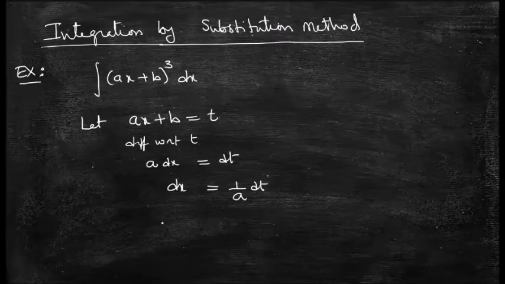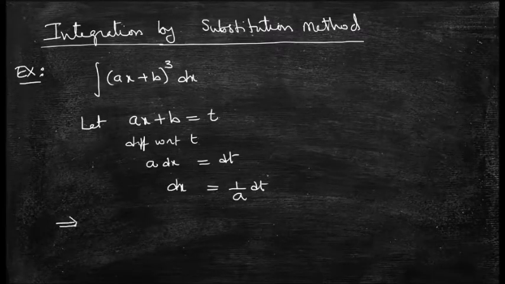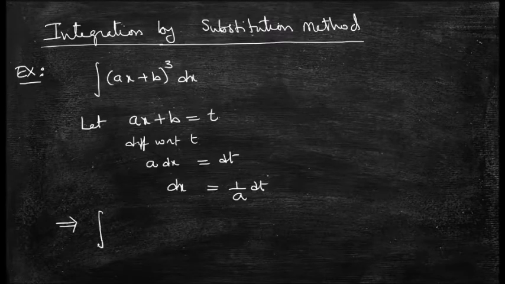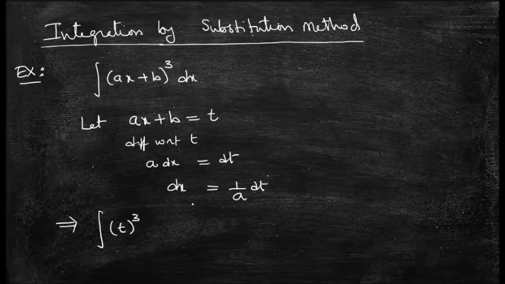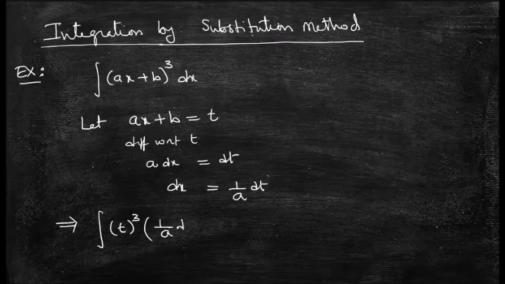Hope you have understood up to this step. Now I am substituting this. When I substitute, integration of, instead of ax plus b, I am writing t whole cube. Now dx is 1 by a dt.